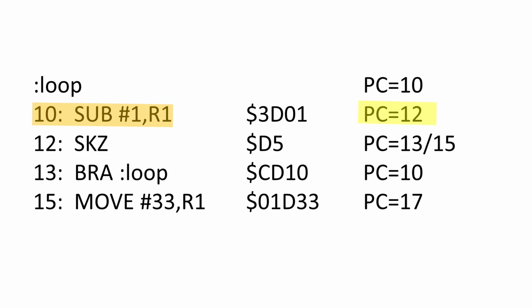The CPU clocks round to T0 again, and that loads in the next instruction, skip if 0, and when it does that it increments the program counter, so the program counter will now be looking at 13, because it's only a single byte instruction.